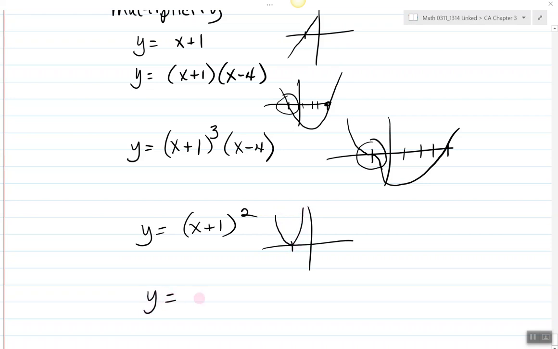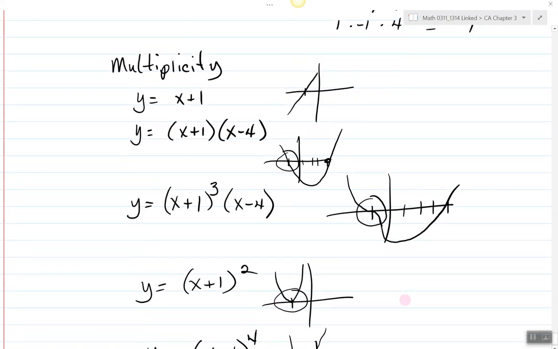But if you had y equals x plus 1 to the 4th, it's going to come down and not make a turn, but it's going to come down and flatten out before it goes back up. It's not touching the x-axis all along there, but it's very close. So hopefully you can see the difference between that and that, just as much as you could see multiplicity 1 versus multiplicity 3.